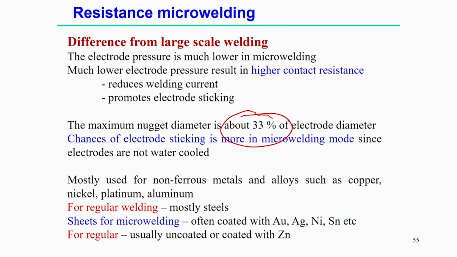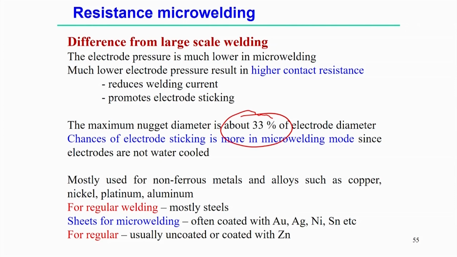So there is no scope to cool the electrode using water cooling, which is normally followed in conventional resistance welding because of the size of the electrode. Because of this size restriction, electrode sticking is the main obstacle in resistance micro welding.